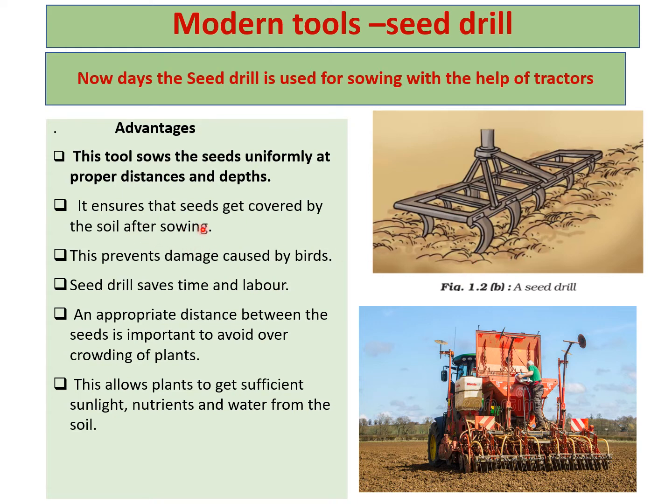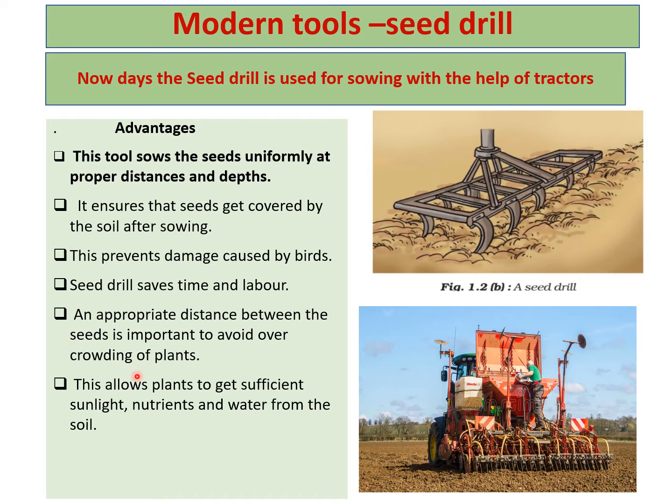It ensures that seeds get covered properly by the soil after the sowing, and this prevents damage caused by birds. The seeds will be put inside the soil so that the birds can't eat them. Seed drill also saves a lot of time and labor as it is attached to a tractor, so we can easily put seeds inside the crop fields.